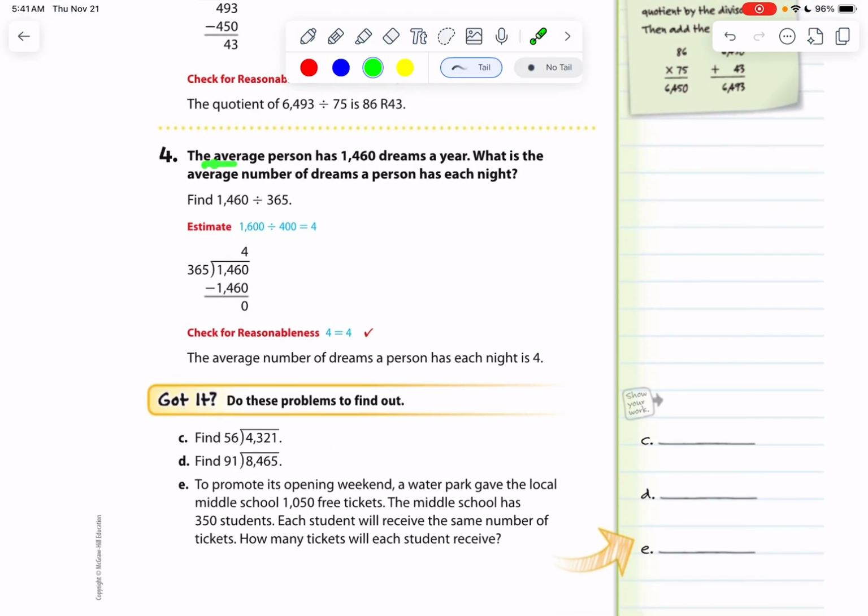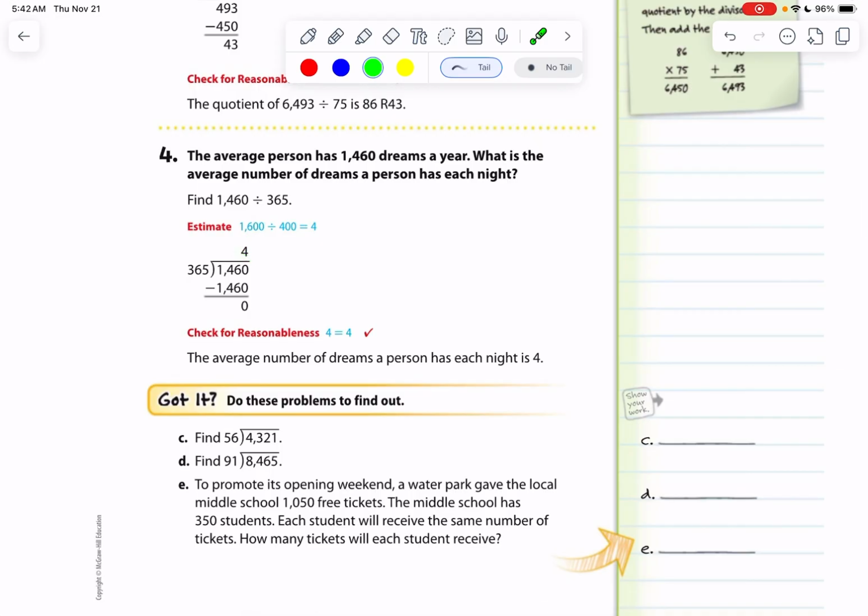The average person has 1,460 dreams a year. What is the average number of dreams a person has each night? So if there are 365 days in a year and 1,460, we could do 400 into 1,600 as an estimate. 4 times 4 is 16, and look what they've got going on here.